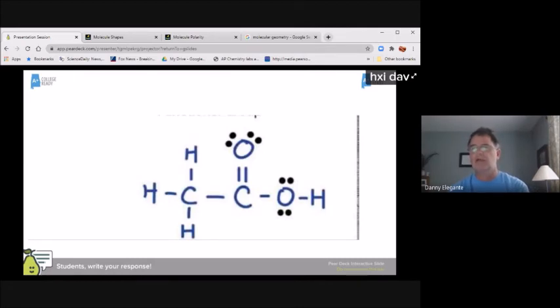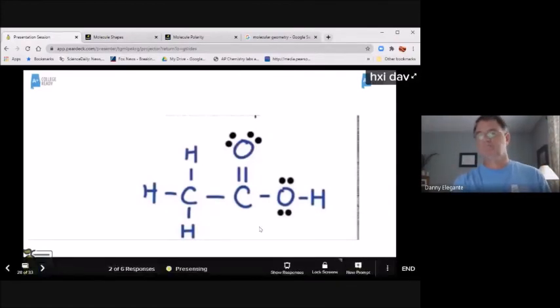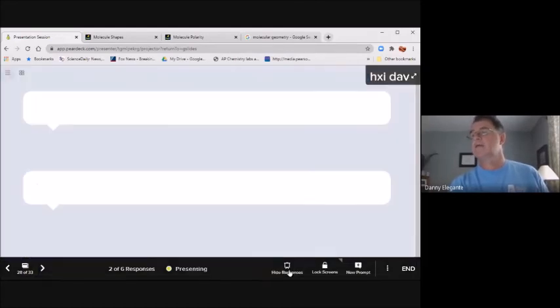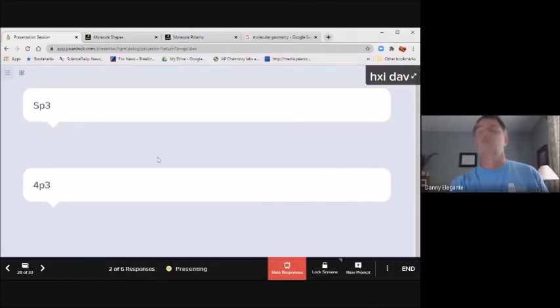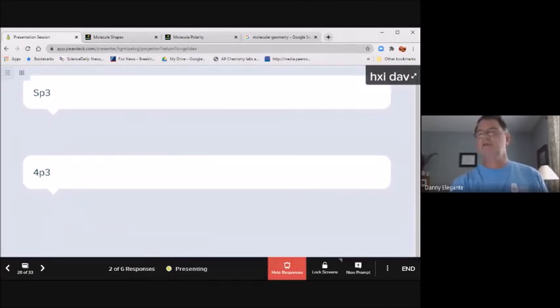Subtract 1 finger for the s orbital, and that tells you how many p orbitals you need to use. So you can just write on there what you think it is. Okay, I got sp3.